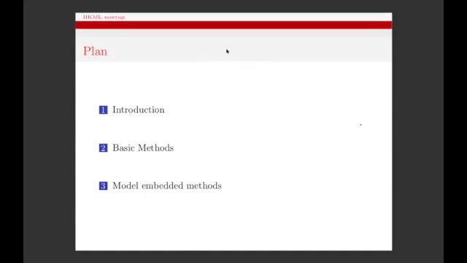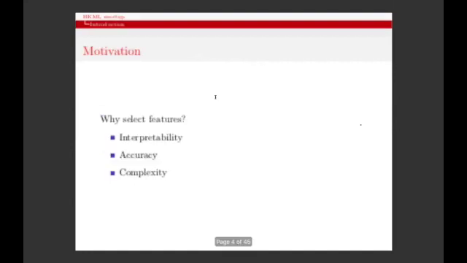Okay, thank you, Gauthier. Today I'm going to talk about feature selection, and I'm going to quickly explain why we do feature selection. To start, the first thing that motivates feature selection is interpretability.